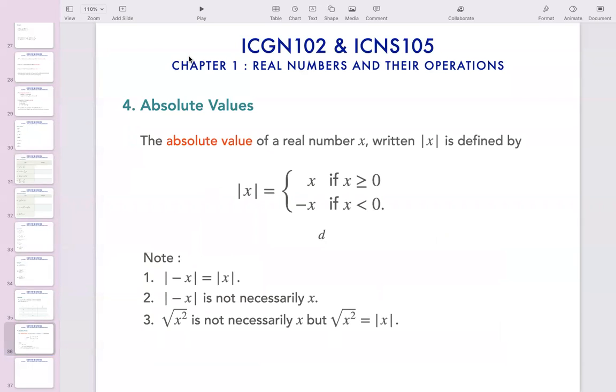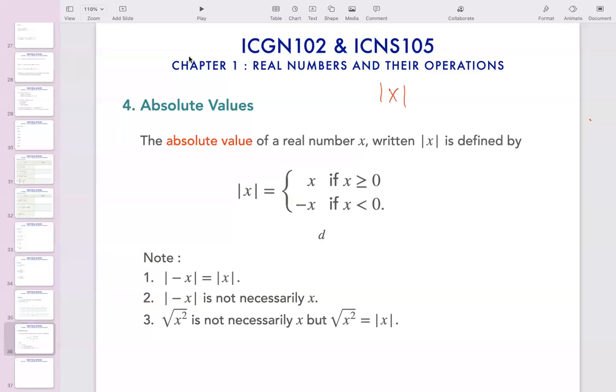The absolute value of a real number x can be written as x with a small vertical line in front and at the back of that number. It's defined by absolute x equals x if x is greater than or equal to 0.